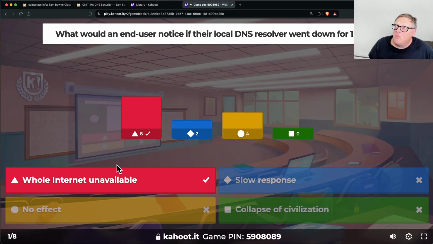If you don't have working DNS, you could only go to websites if you knew the IP address, and that would be like knowing somebody's phone number. I don't think anybody knows phone numbers anymore. I just have a contacts list, same kind of thing. Basically, none of your software would work unless it actually ran locally and didn't have a web component, which is not much these days.